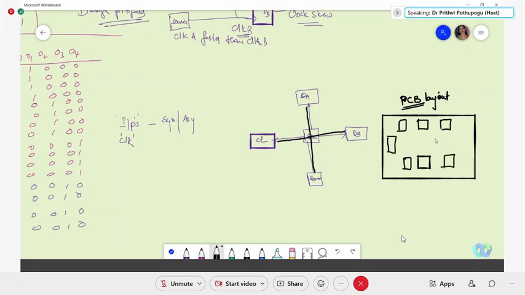If the sources are put at the extreme ends, what is the length that is connecting the sources to the external pins? These are your external pins.